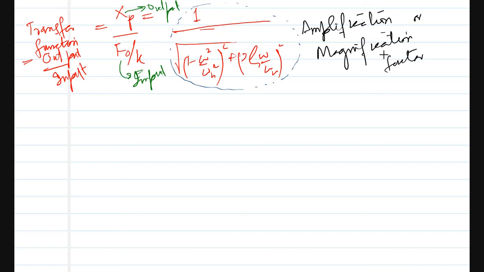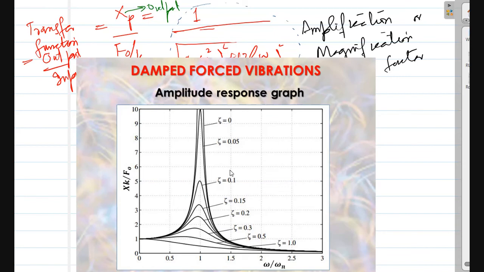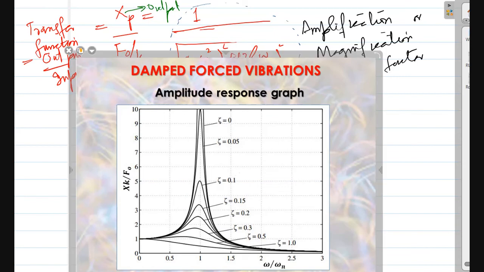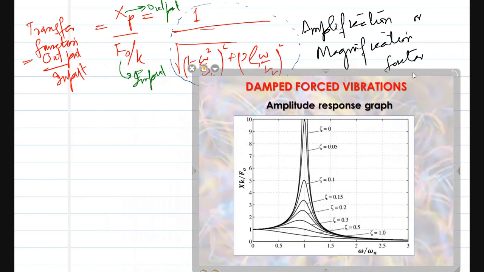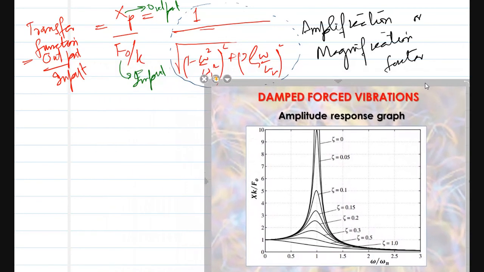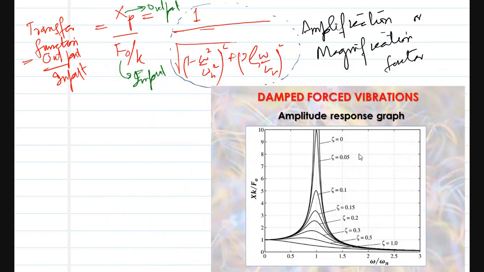Now to visualize this behavior, just look at this response. Here this term is what is written here. We just took k and xp rather than x, it's fine.